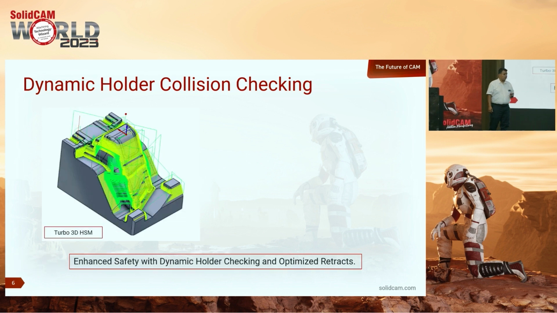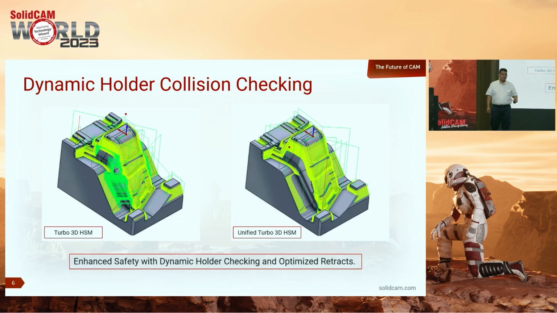Now, another very important thing is the dynamic holder checking. You can look at the left-hand side, that particular part, you can look at the retracts. That is because in turbo HSM, or even in our regular HSM, when you define a holder, the holder is the last element that is being checked in the toolpath. Ideally, that should be the first element to be checked, but that's not happening because most of these toolpath engines are designed to take the holder and check it at the end and then just do the linking.